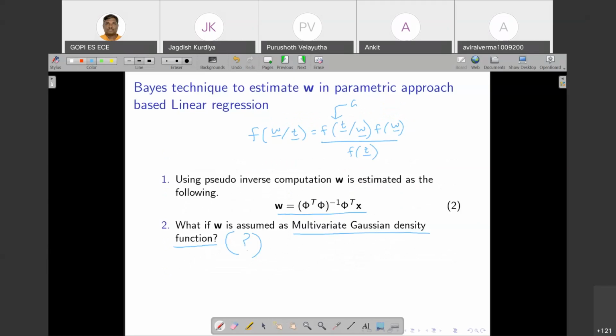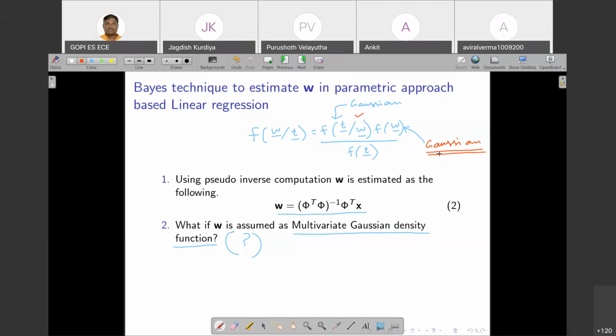This is known, right? But this also I'm going to now model as Gaussian. That is the difference now.